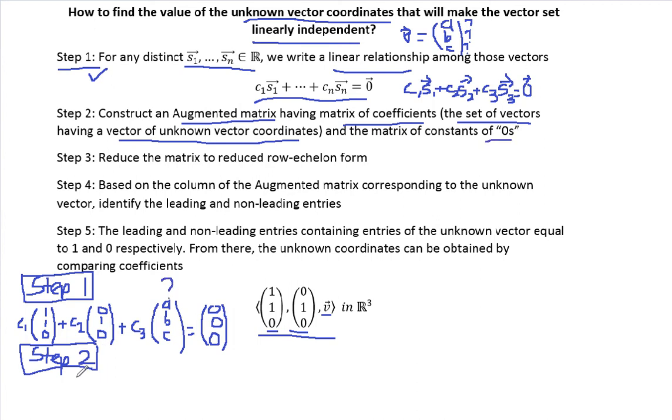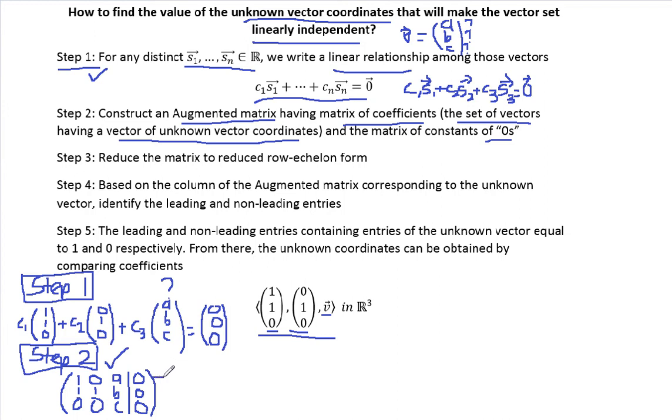So our augmented matrix can be written as 1 1 0, 0 1 0, a, b, c, goes to the matrix of constants of 0, so 0 0 0. Now step 2 is done. Now let's go to step 3.